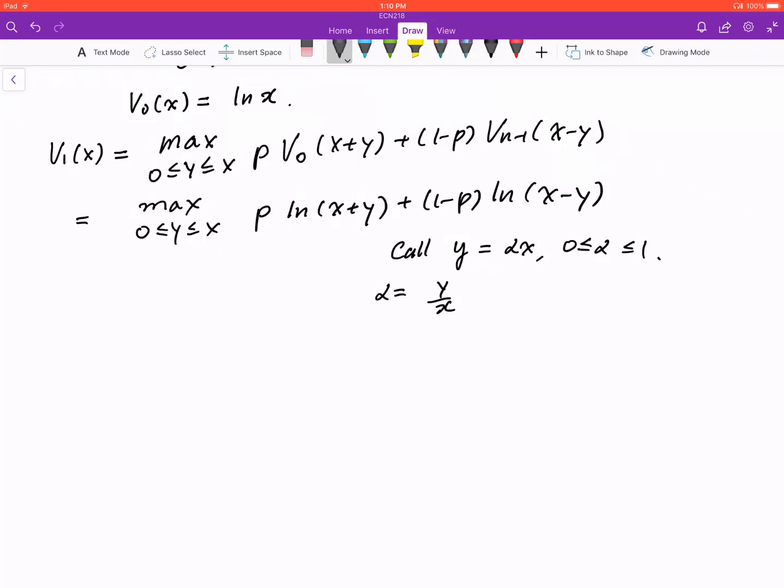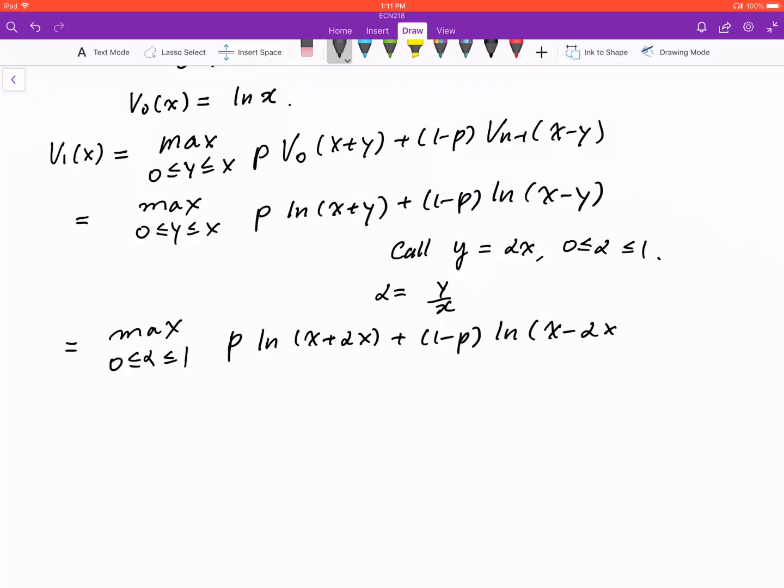The reason we make this change is that now this maximization is over alpha between 0 and 1. You see, there is no more x over here. Here we have p log(x plus alpha x) plus 1 minus p log(x minus alpha x). This is really convenient because we can use the property of log.